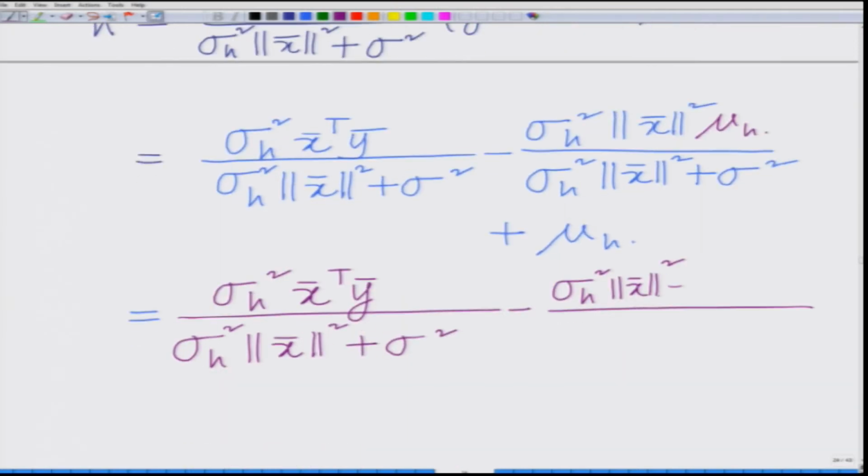So, minus sigma h square norm x bar square mu h.